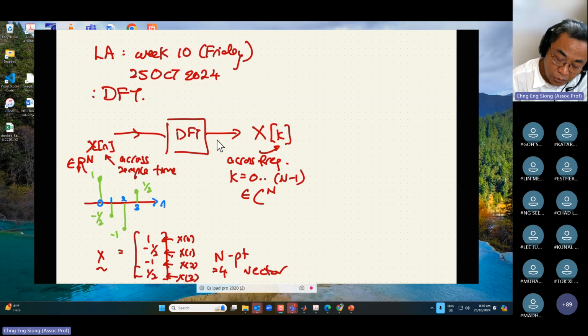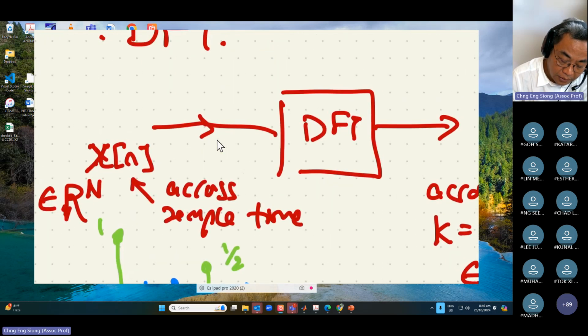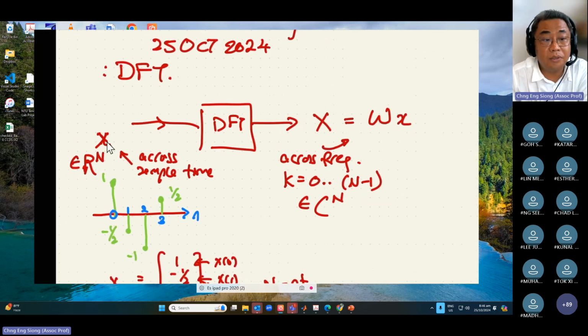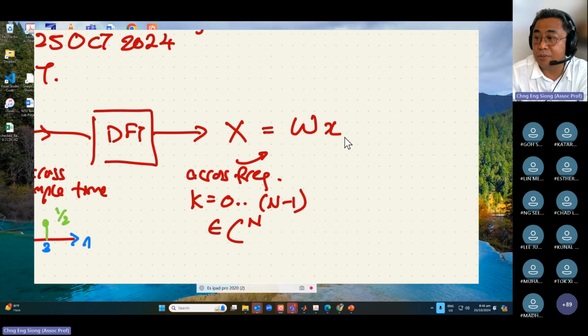So I haven't shown you what it looks like yet in linear algebra way. In fact, I should just throw away this first. And I should now write the equation. And the equation simply is W small x. And now I'm going to make my notation consistent. So this small x is here, and this W is here. So we have been doing linear algebra, right?